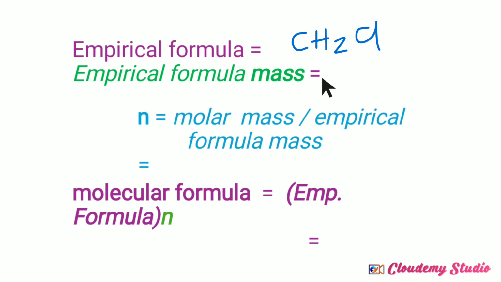Next we need to calculate the empirical formula mass. 1 carbon, its mass is 12. 2 hydrogen atoms are there, so the mass is 2. 1 chlorine, its mass is 35.5.